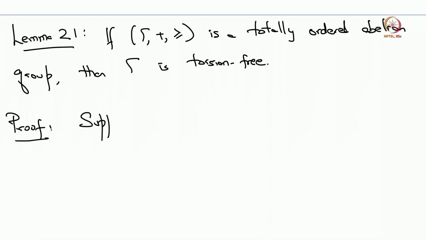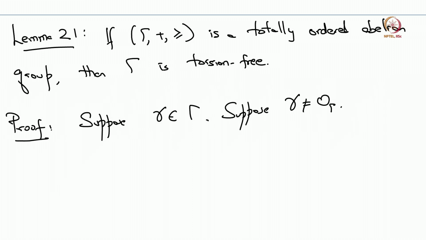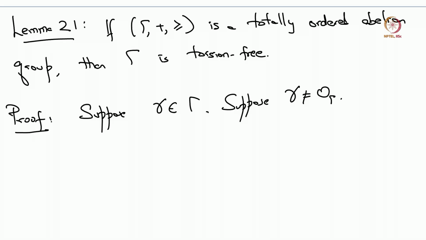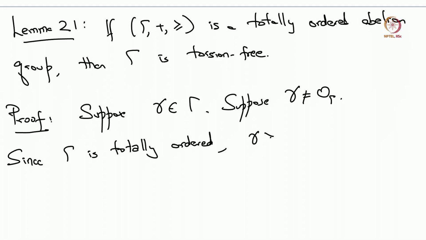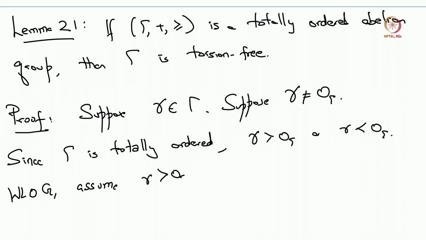So suppose you take an element gamma, and suppose without loss of generality this element is not the identity element of gamma, and now since gamma is totally ordered, we know that gamma is larger than 0 or gamma is less than 0, and again without loss of generality let me just assume that gamma is larger than 0.